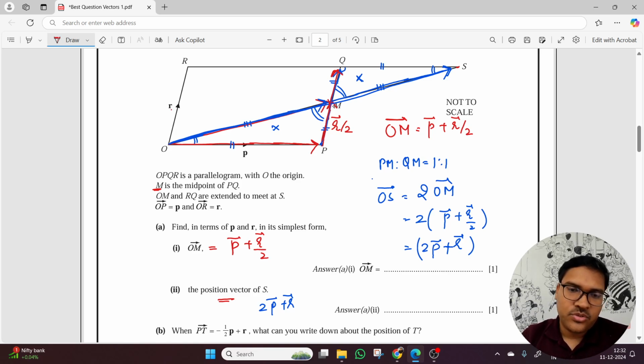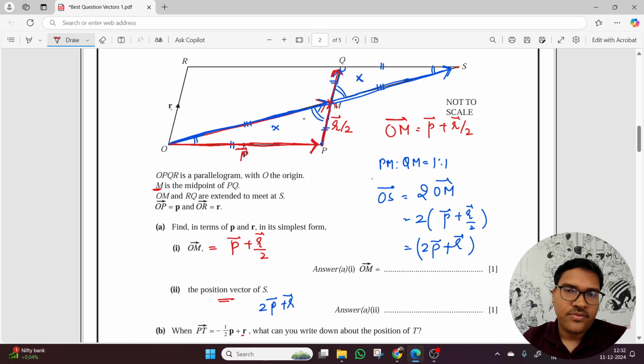And if you write the PT vector, you are adding the R vector, and in this you are adding minus half P. You can see this is the P vector. Direction is this. Now what is minus P vector?